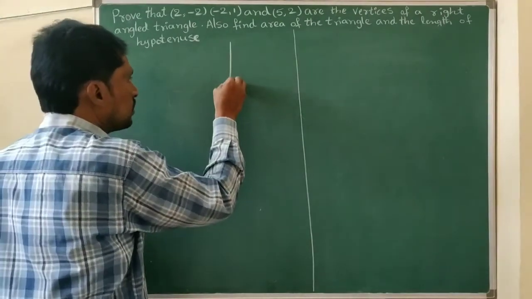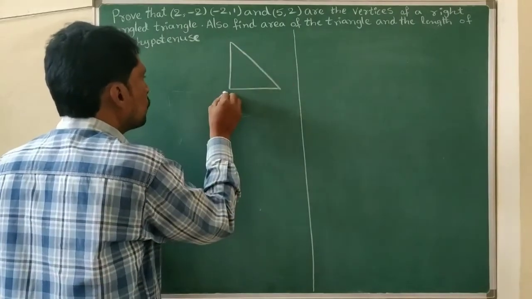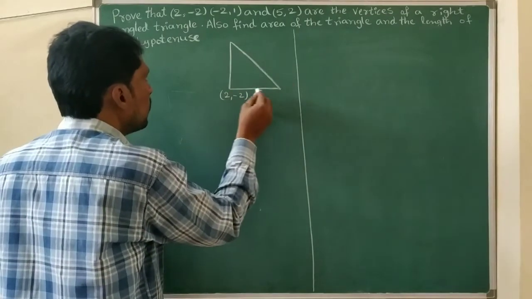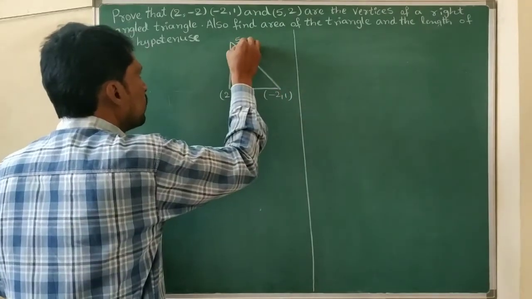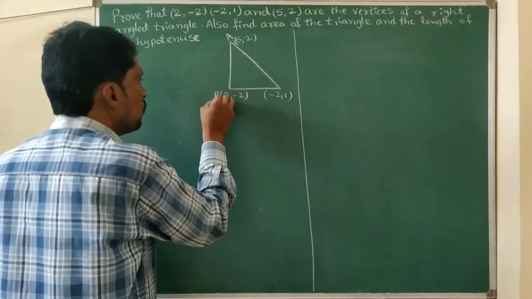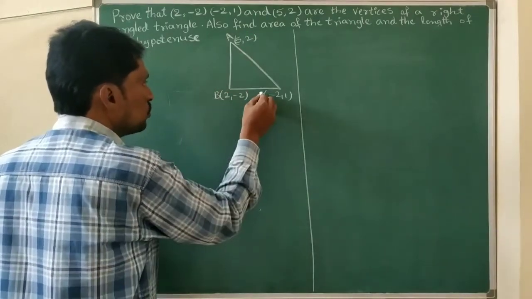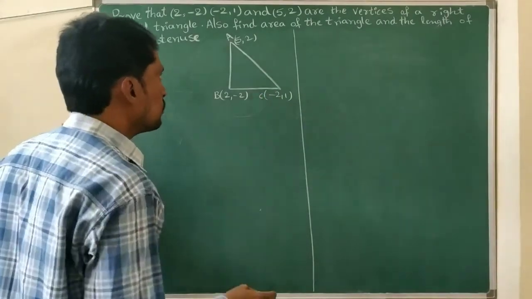Now I am constructing the right angle triangle. This is (2, -2) and (-2, 1) and (5, 2). This is A (5, 2), B (2, -2), C (-2, 1) that you have to take.